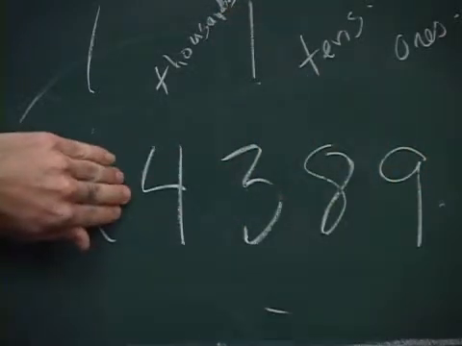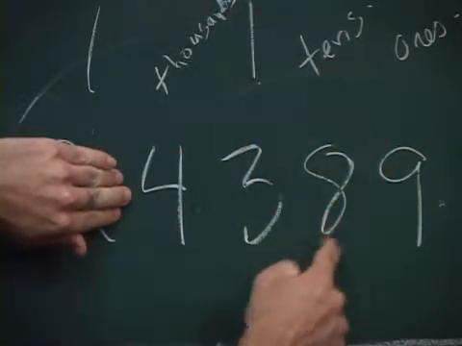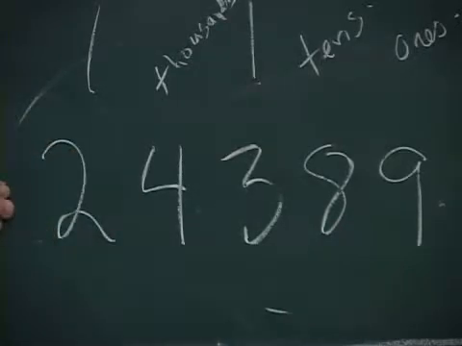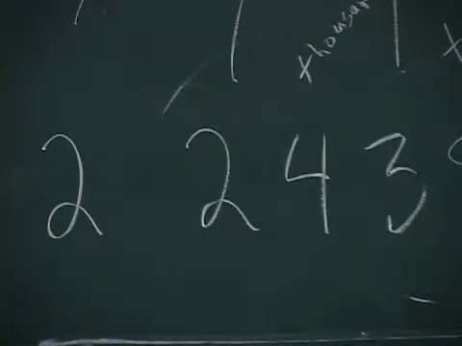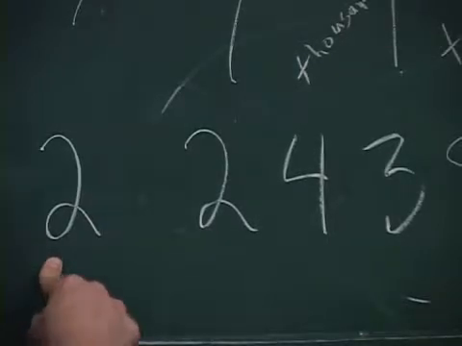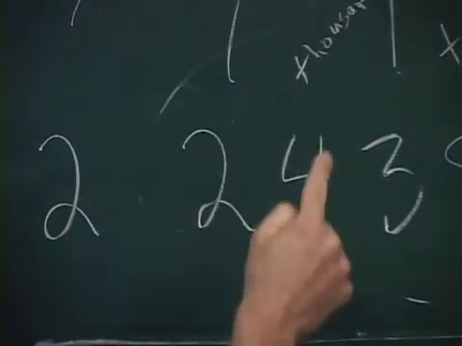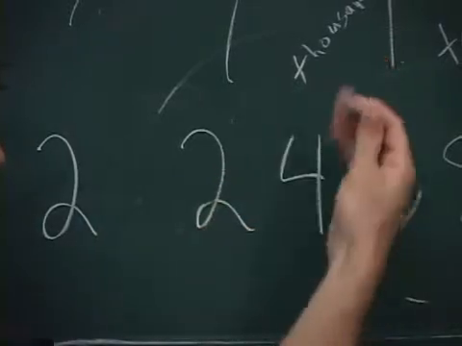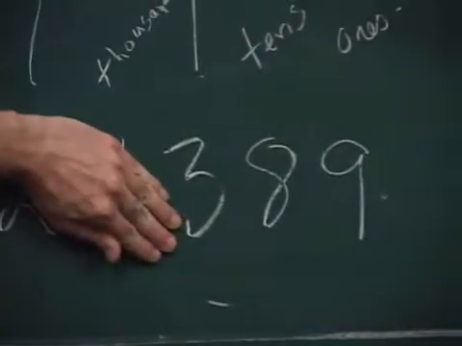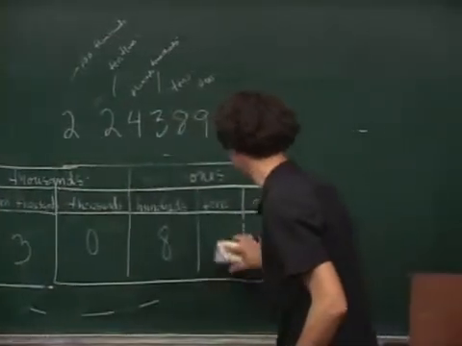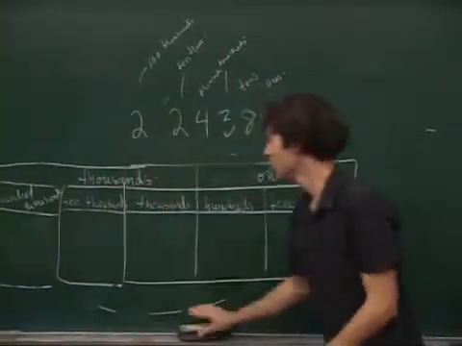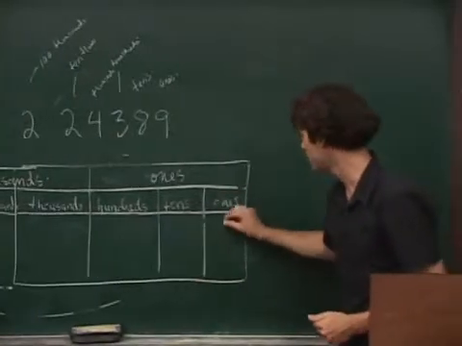If it was this, we would have 4,389. If we would have this, we would have 24,389. Now, what do we have? A 100,000 number. So we have 224,389. So, if we put that into our digit table, we would start over here, and how many ones?